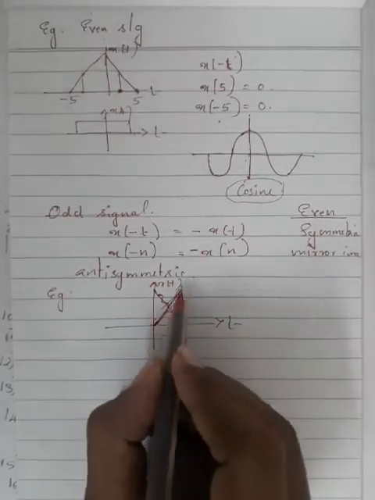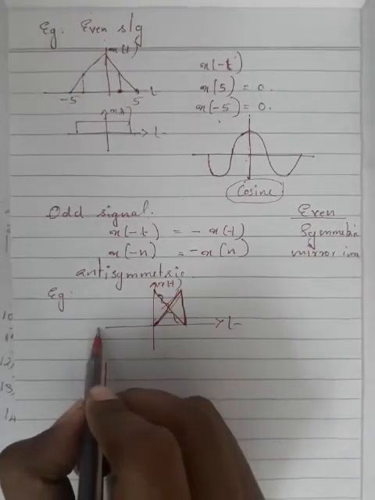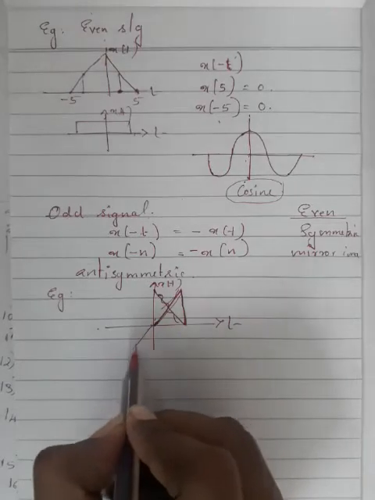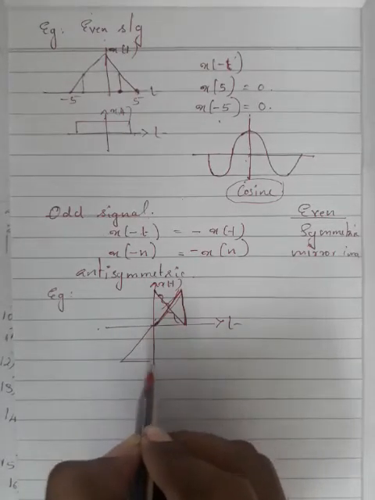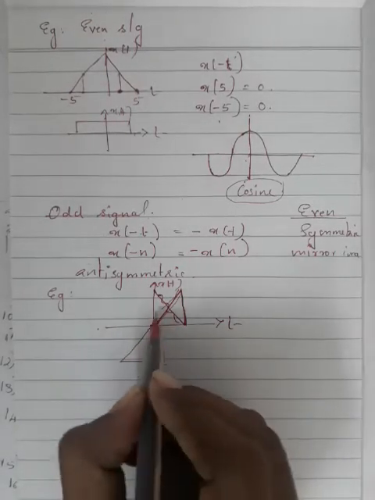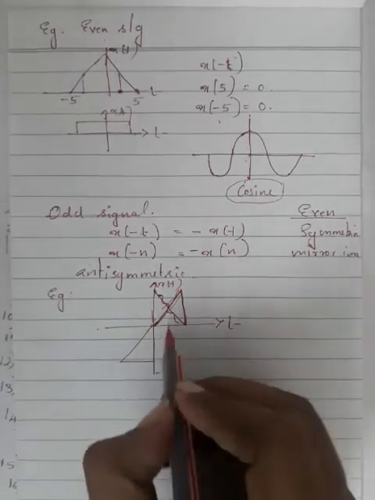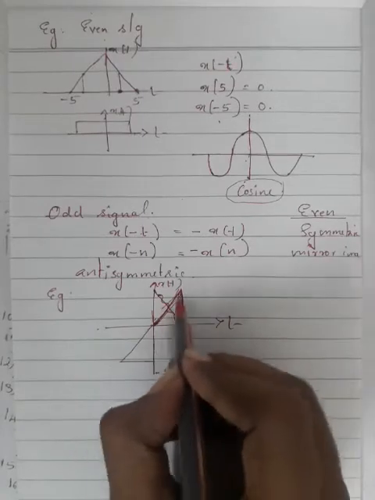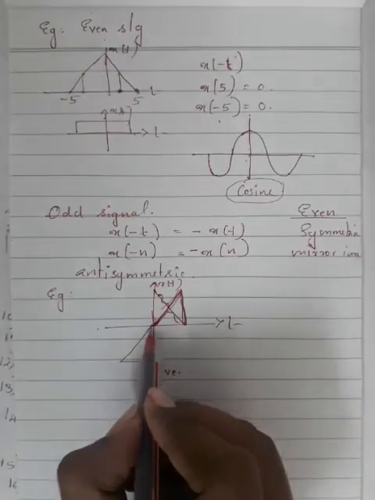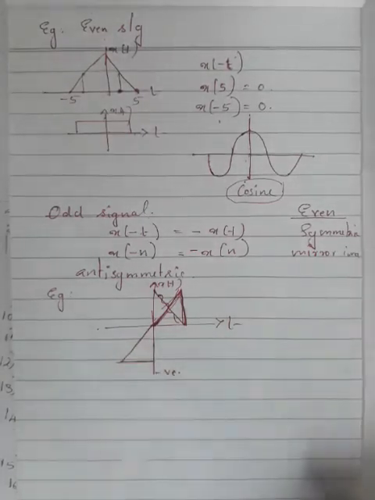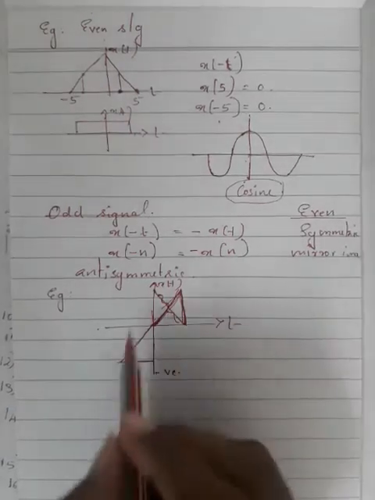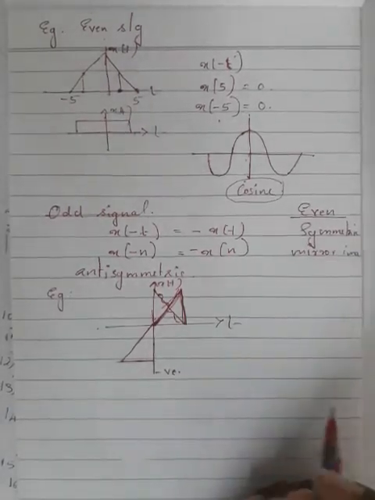Then when we find minus x of t, its value will be like this, that is, the magnitude is the same but its sign is negative here. So if this is x of positive t, then x of minus t will be negative. Then we can say that it is an odd signal.